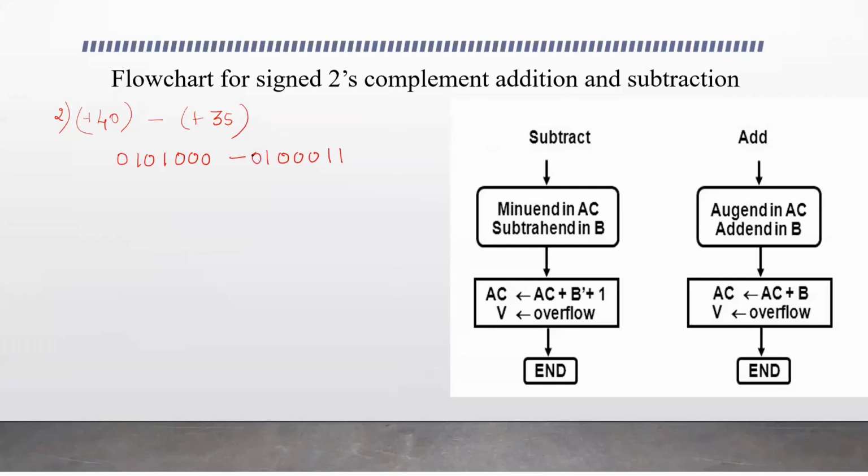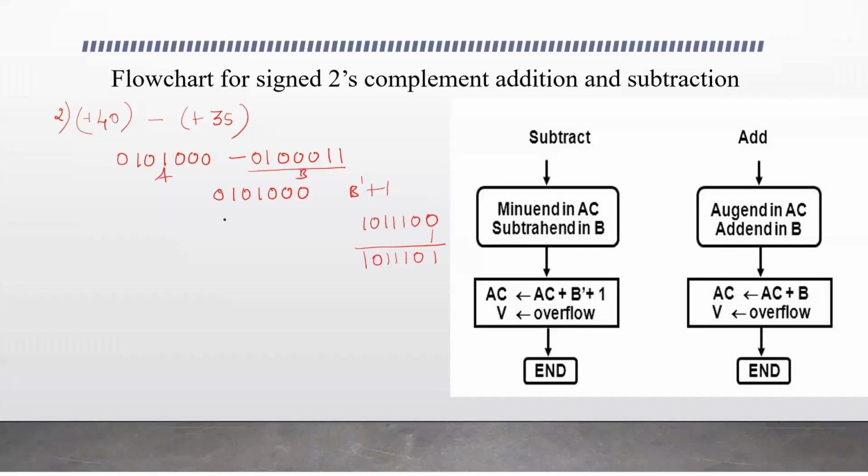Now when we perform subtraction, A is 0 1 0 1 0 0 0, and as it is subtraction, we find the 2's complement of B. So B complement is 1 0 1 1 1 0 0, and adding 1 to that gives 1 0 1 1 1 0 1.